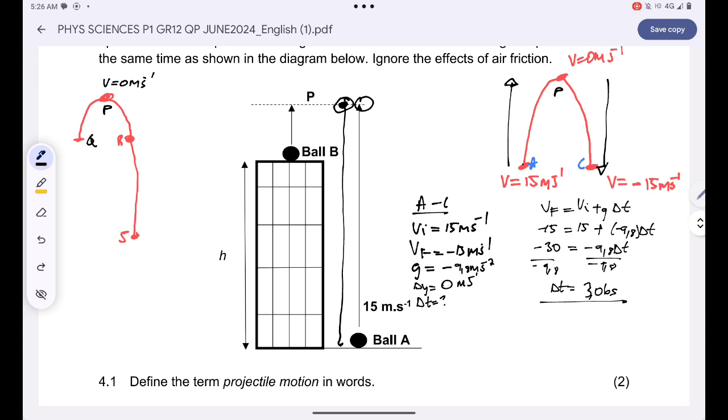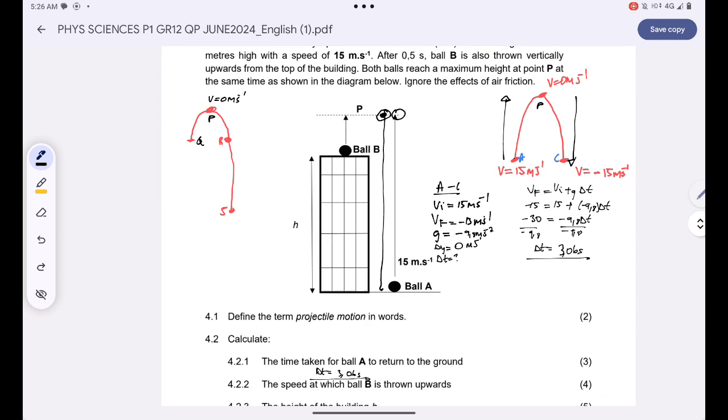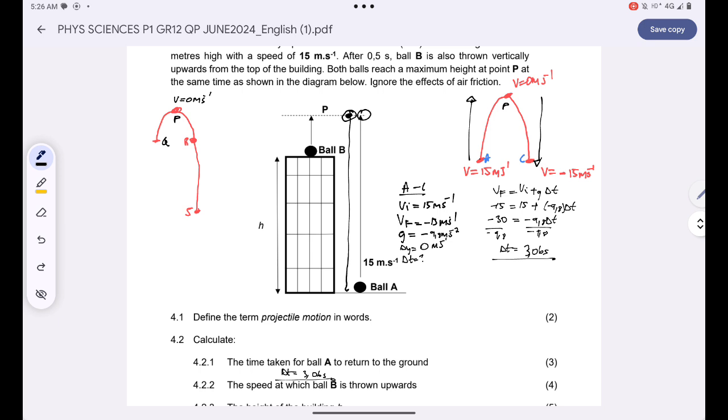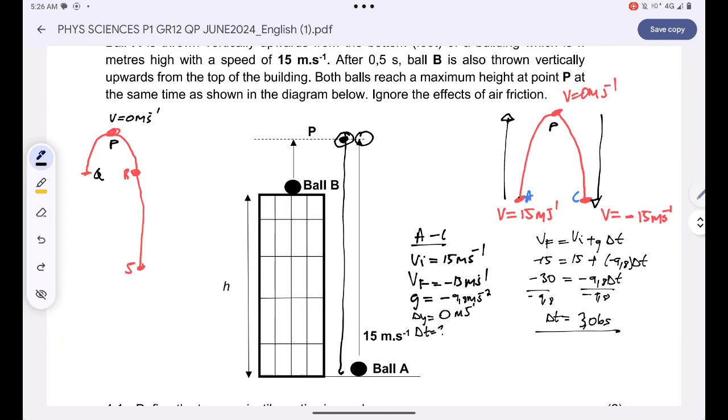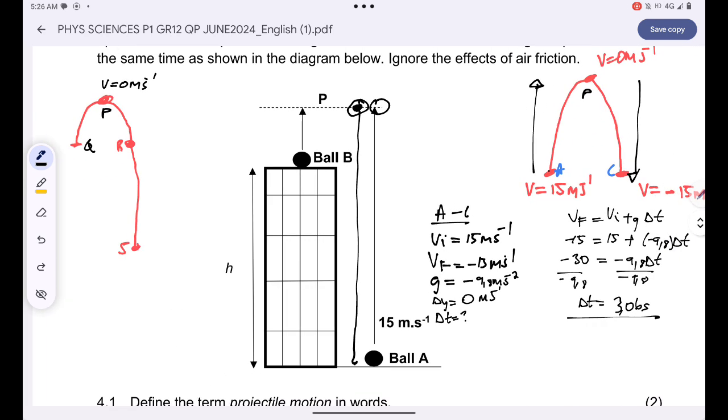Are you together? Now they want us to calculate the speed at which ball B is thrown. Firstly, I want us to deal with the time, but let's write whatever information we have. We are focusing on ball B now. The initial velocity of ball B is what we are looking for.